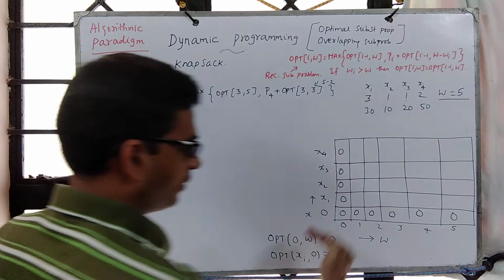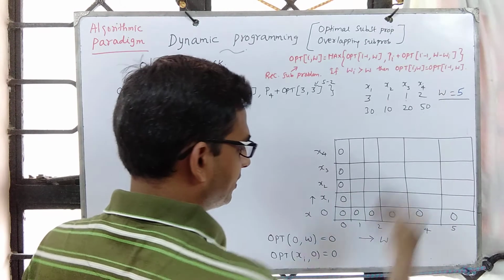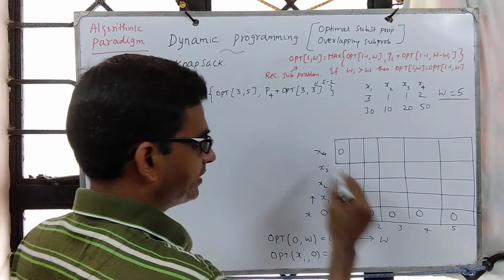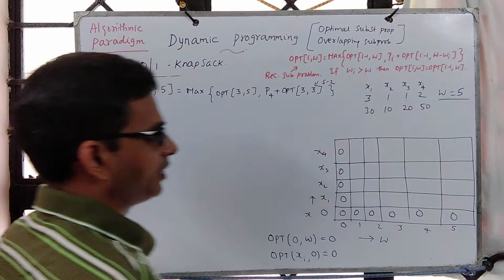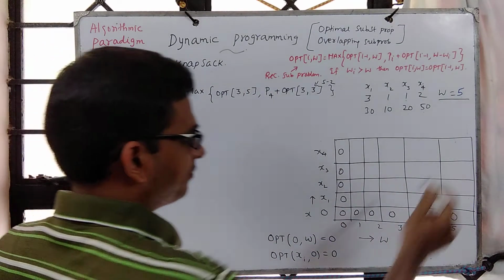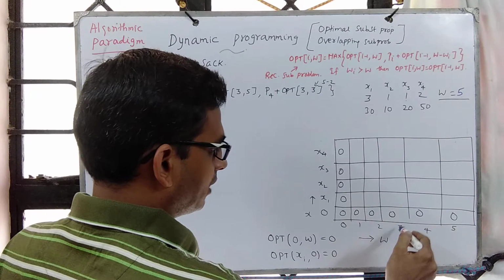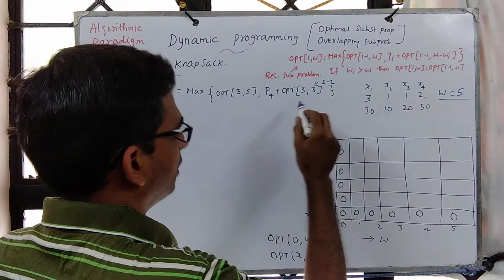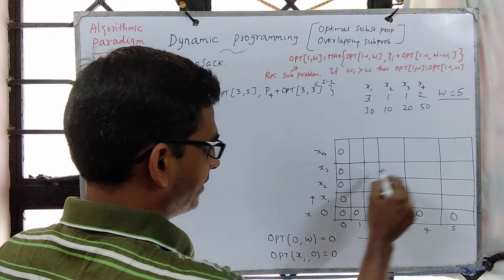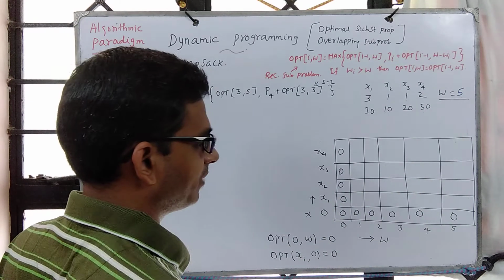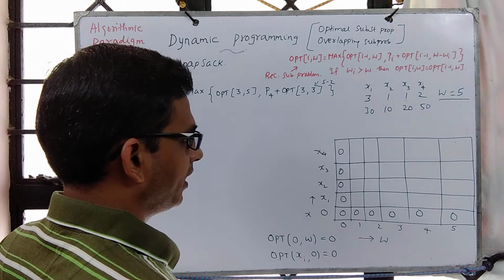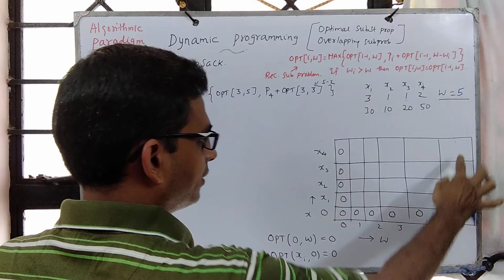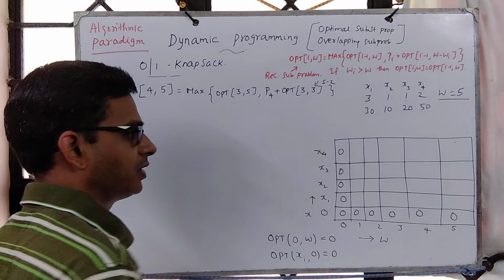So now what we will do is, we will start populating like this, and ultimately we want to return this. That's precisely opt of 4, 5. You see that opt of 4, 5 depends on opt of 3, 5 and opt of 3, 3. So with the help of these two, we can compute this.